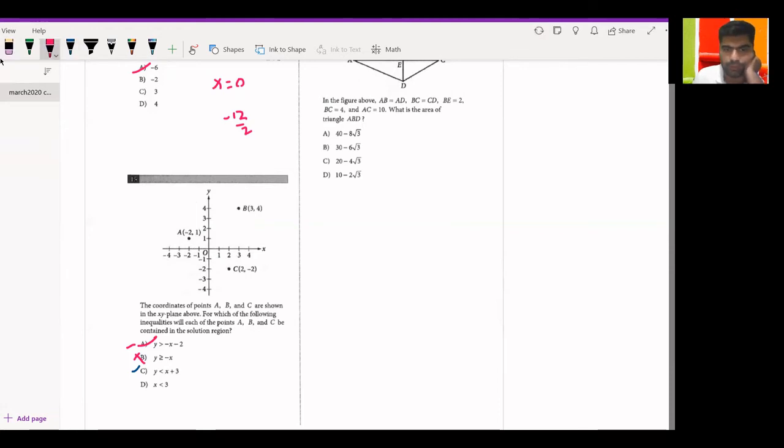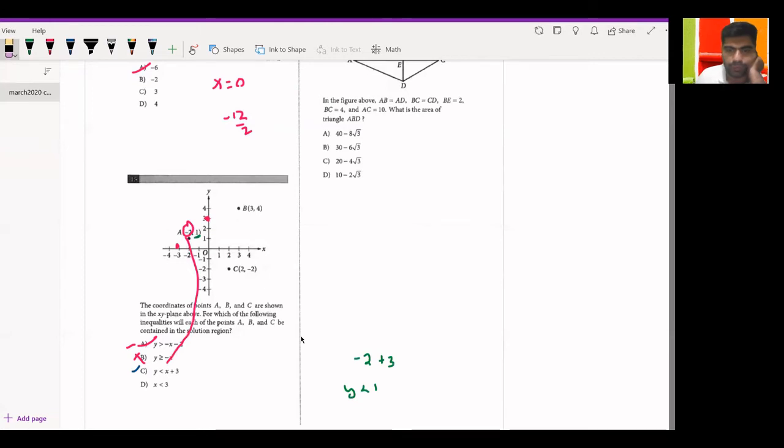X plus 3. So 3 and minus 3. Because if I plug in minus 2 here, y has to be less than 1. But y is equal to 1. So this won't work, because if I plug in x equal to minus 2 in option C, the value of y would be less than minus 2 plus 3, y would be less than 1, but y is actually 1.